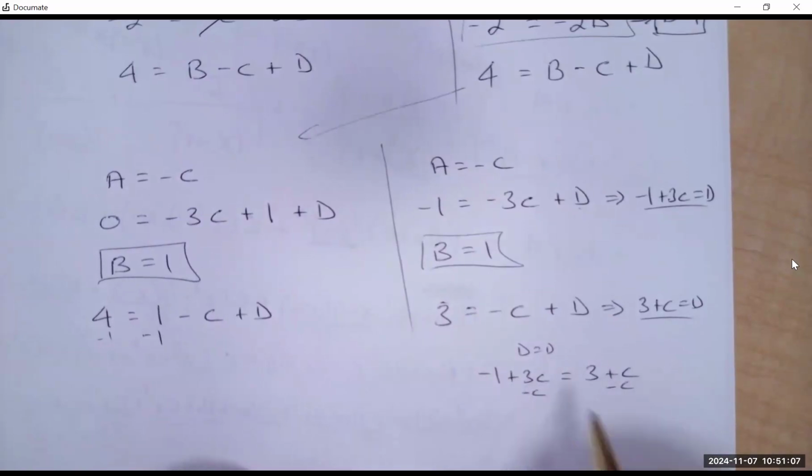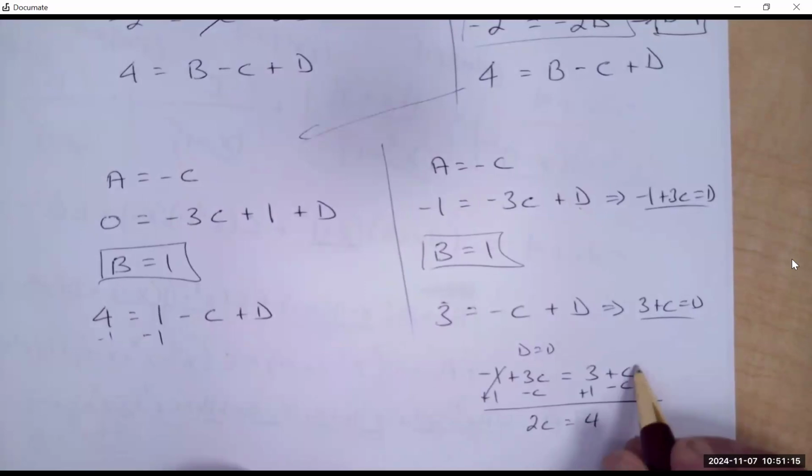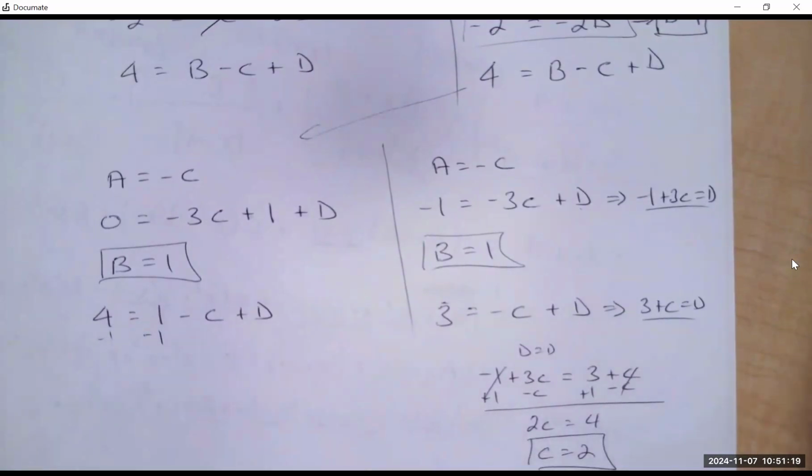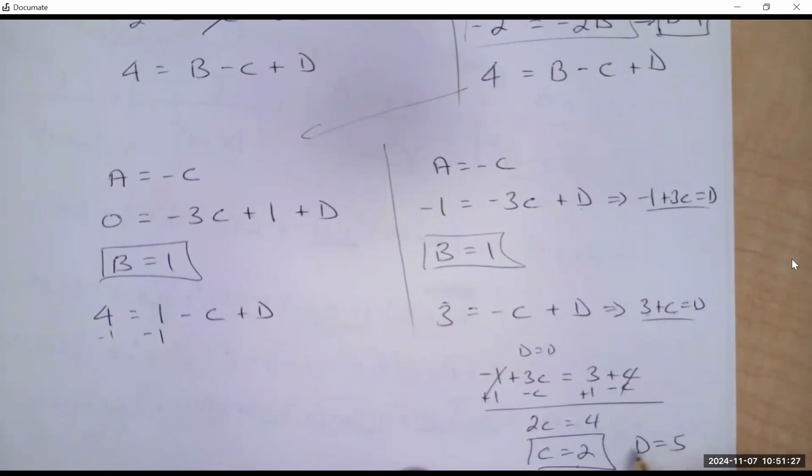Subtract C from both sides. Add 1. 3 minus 1 is 2C. So C is equal to 2. Since C equals 2, 3 plus 2 tells us that D is equal to 5.